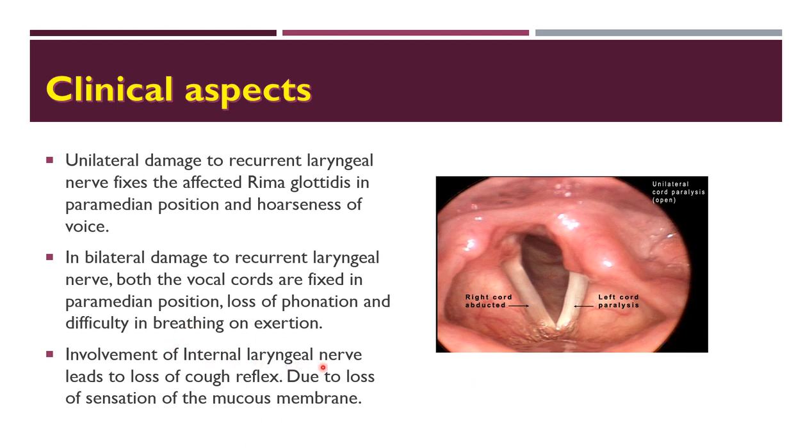If the internal laryngeal nerve is involved, then naturally the mucosa is anesthetized. No sensation of mucosa, so the protective cough reflex will be absent when any foreign particle enters.